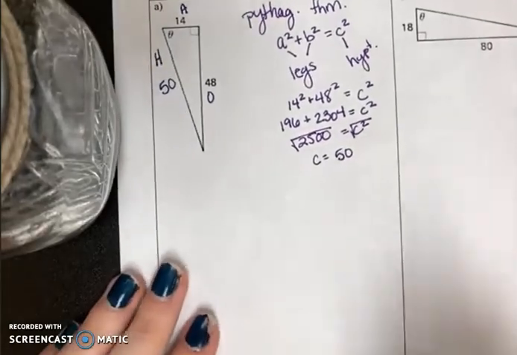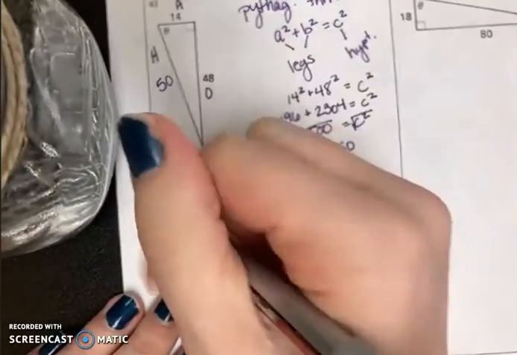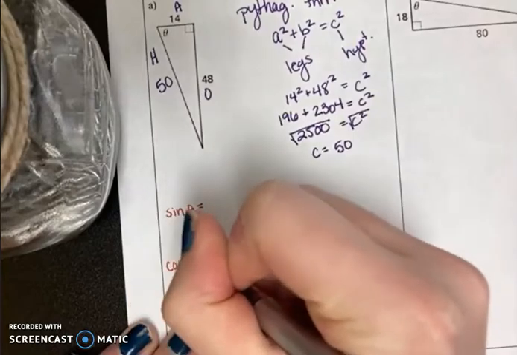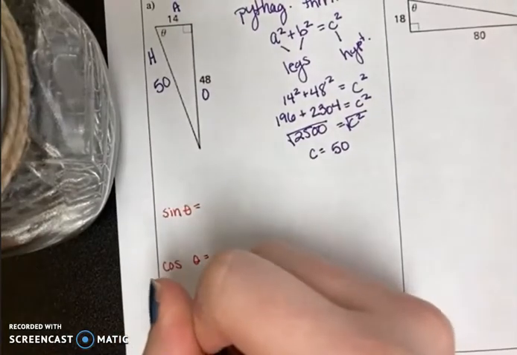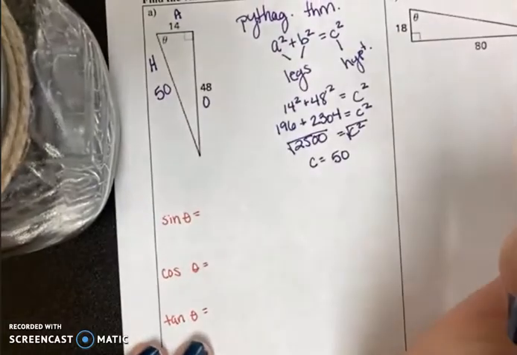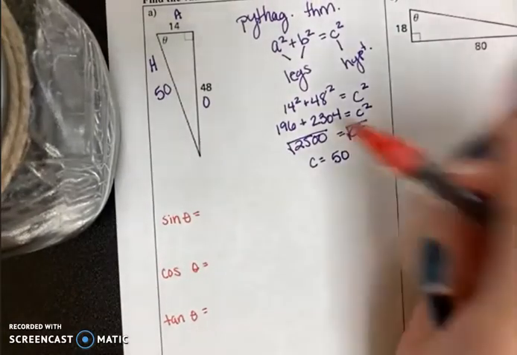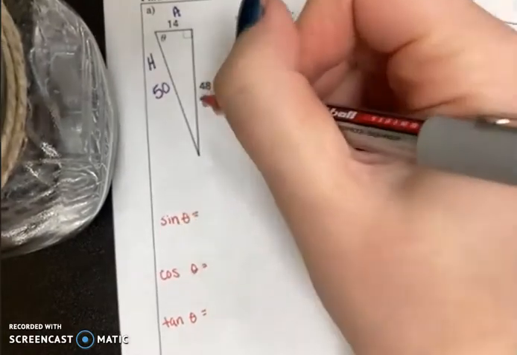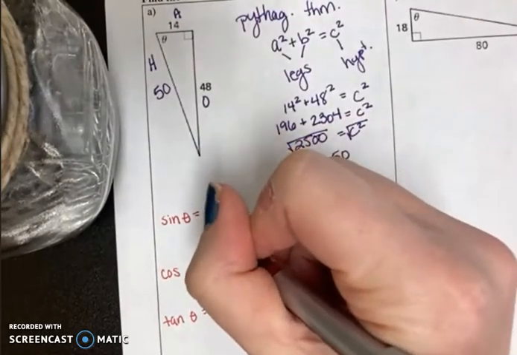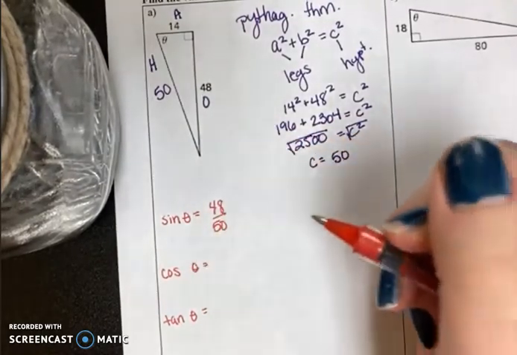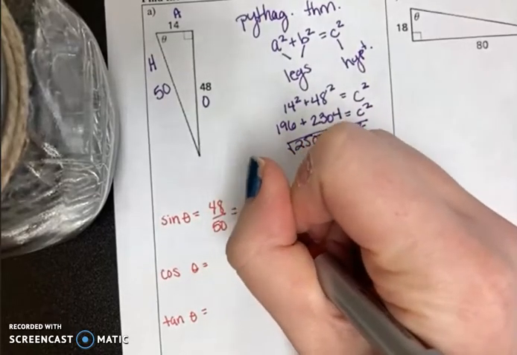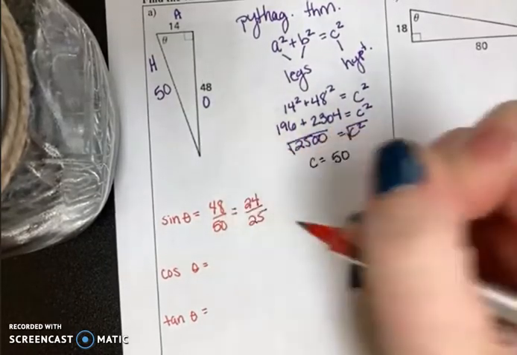Now we're ready to do sine, cosine, and tangent. We're starting with those 3. So remember, SOH CAH TOA. Sine is opposite over hypotenuse, so 48 over 50. And if we can, we'd like to simplify that. They're both divisible by 2, giving me 24 over 25.